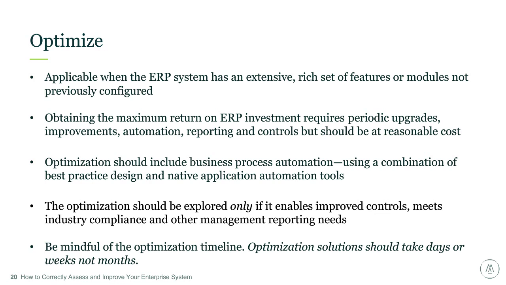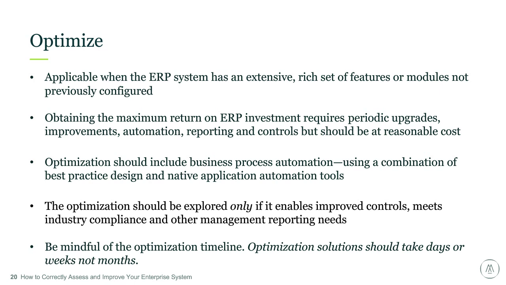It requires periodic improvements to automation, to reporting and controls, and to any other features that you deem necessary for your business. But all of this should be done at a reasonable cost. So the optimization option should be weighed carefully against the cost of integrating a solution or acquiring a new system that readily meets your needs.